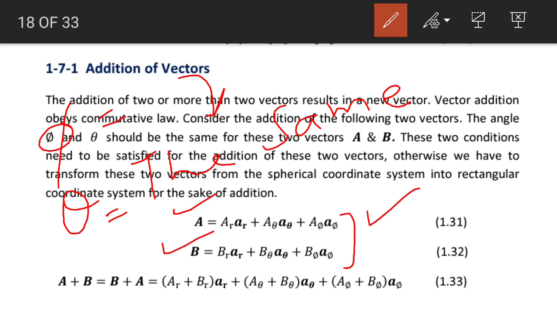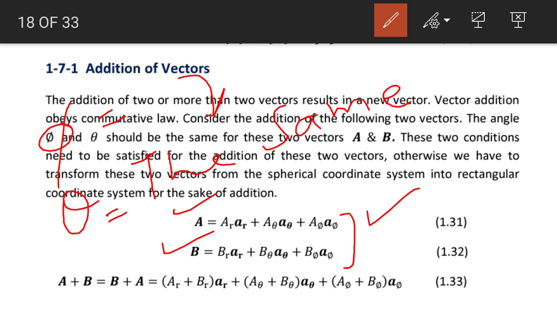You will have to transform these two vectors from the spherical coordinate system into the rectangular coordinate system. You will have to calculate the scalar product of these two vectors in the rectangular coordinate system. We know that the scalar product results in a scalar quantity, and you don't need to transform the result from the rectangular coordinate system back to the spherical coordinate system.